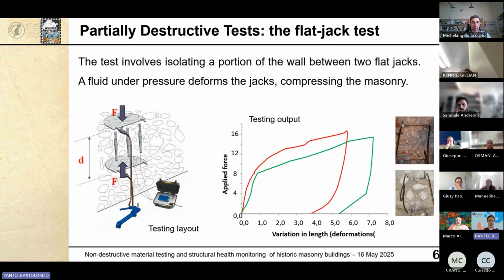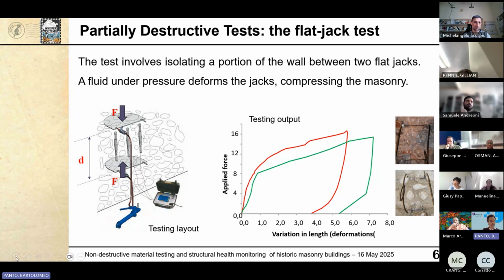So in principle, we get whatever we want for our models. The cost is in terms of damage. So this test is very rarely performed in historic construction because of this damage.